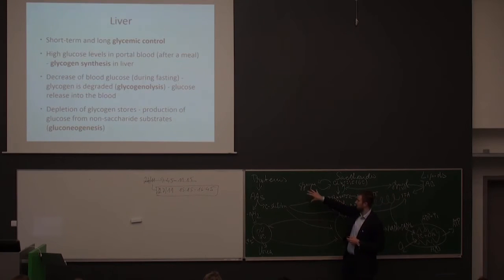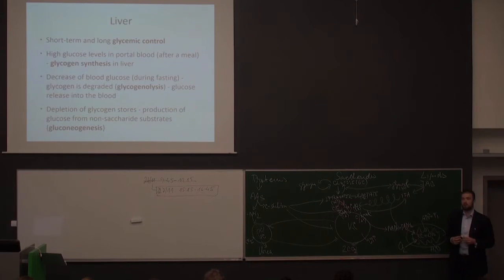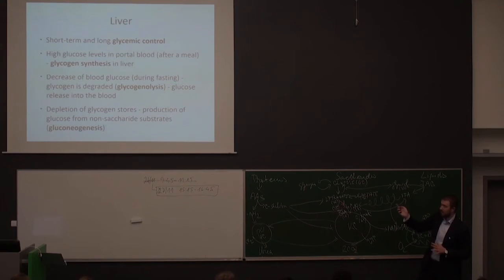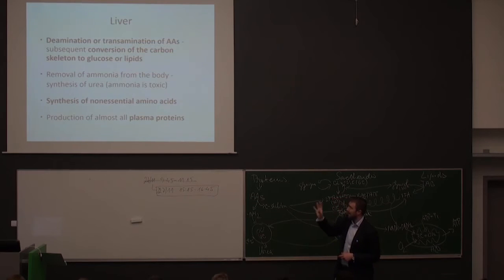Since you have only a limited amount of glycogen, after 1 day of starvation you are totally dependent only on gluconeogenesis. And liver cells are the main place where you run gluconeogenesis. Do you understand this about the saccharides? And you will hear much more during the other lectures.